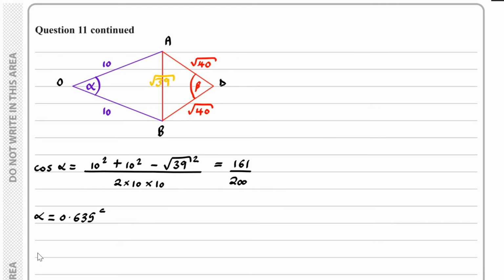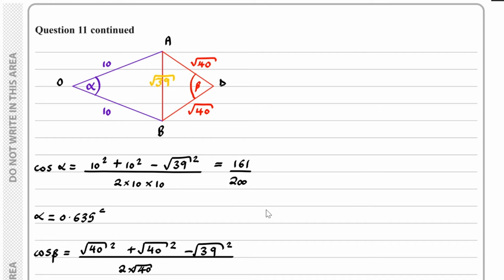So, again using the cosine rule, cos beta is equal to root 40 squared plus root 40 squared minus root 39 squared, divided by 2 times root 40 times root 40.